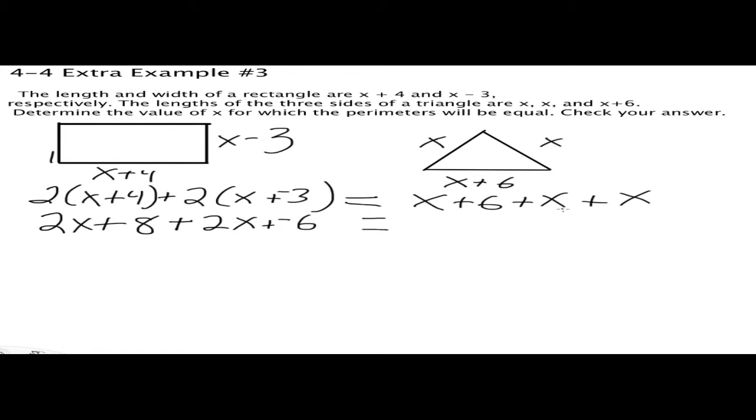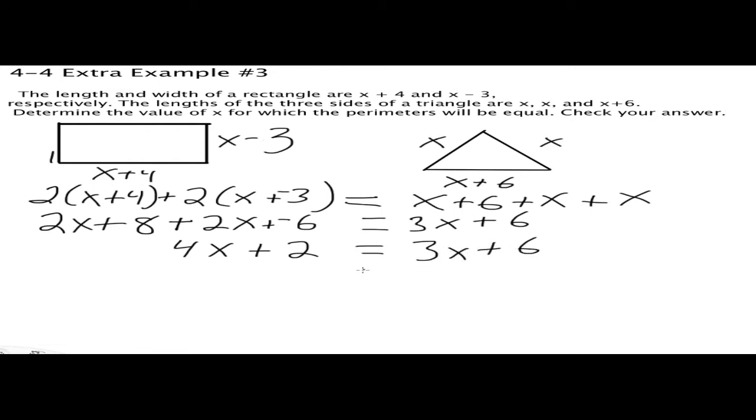I got one x, another x, and a third x, so that's 3x plus 6. Now I need to combine like terms over here, and 2x plus 2x is 4x. 8 plus a negative 6 is 2. And I've got that 4x plus 2 is equal to 3x plus 6.